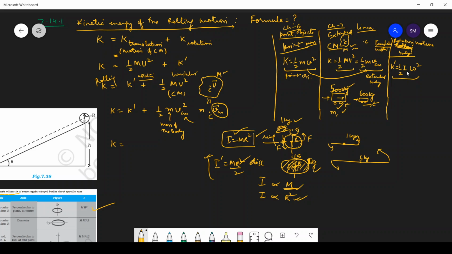But here this I will be different for different bodies, even if they have the same mass. For the ring and disk, they have the same mass, but their moment of inertia is different, because mass is distributed in a different manner.